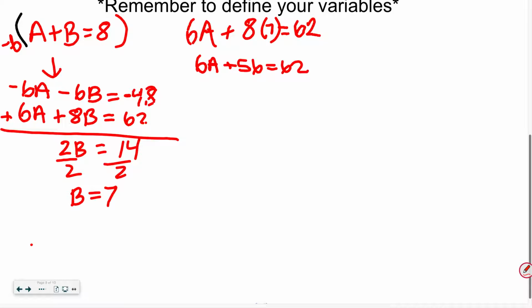Which equation do you think would be easier? Probably the first one, right? If we quickly substitute 7 for B here, what's A? A equals 1.